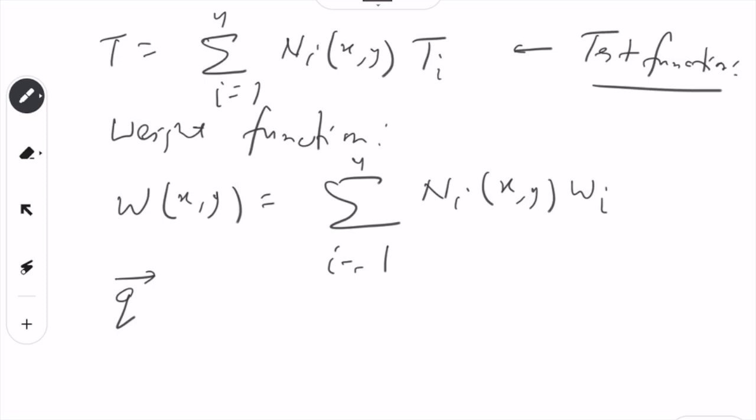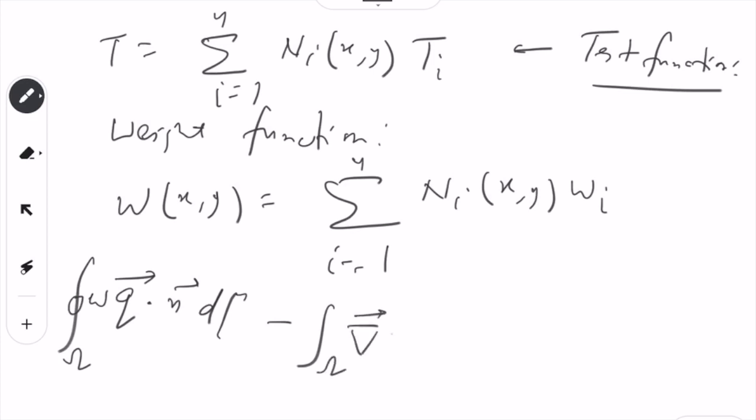The weak formulation says that this is the integral over the boundary of W Q dot n, and then minus the integral over omega of grad W dot Q d omega, minus the integral of W s d omega, equal to 0.